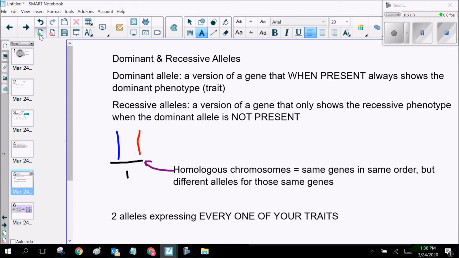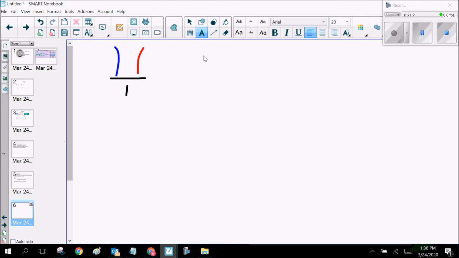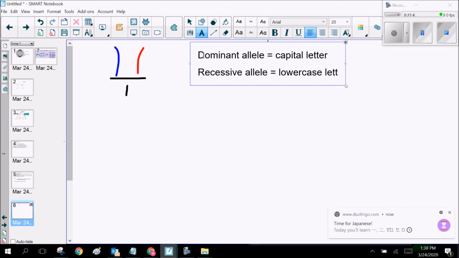Back again to chromosome pair number 1, just because it's easy to talk about. Here we have our homologous pair of chromosomes. Let's say that for a particular allele, dad has the dominant gene or allele. The dominant allele is always shown by a capital letter, and the recessive allele is always shown by a lowercase letter.